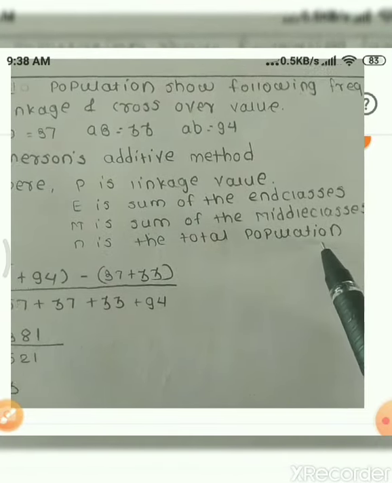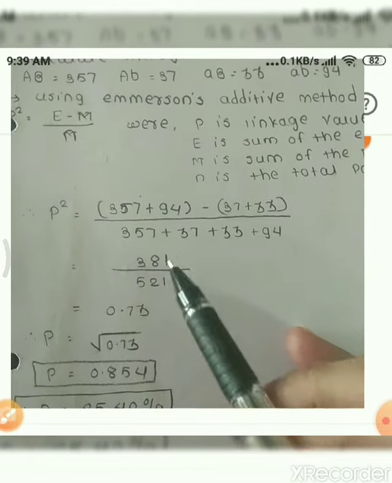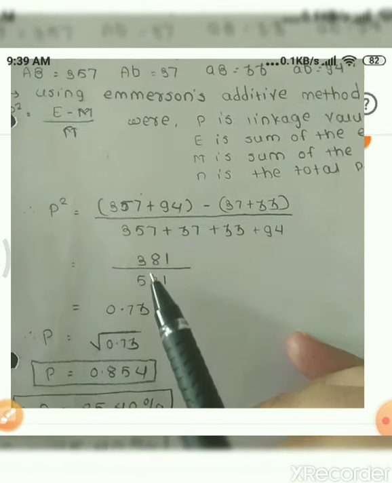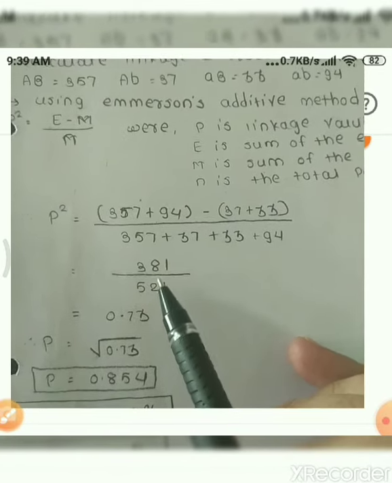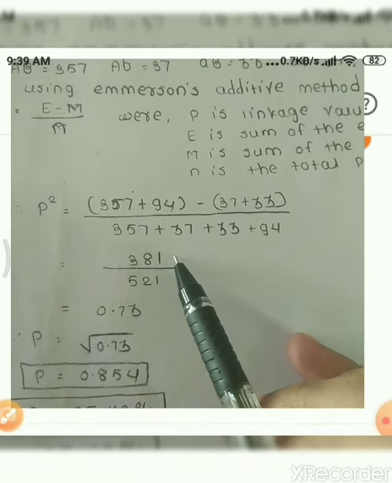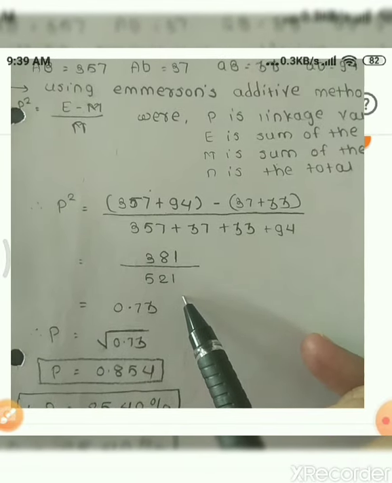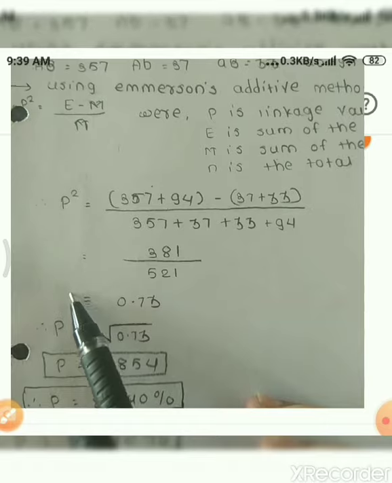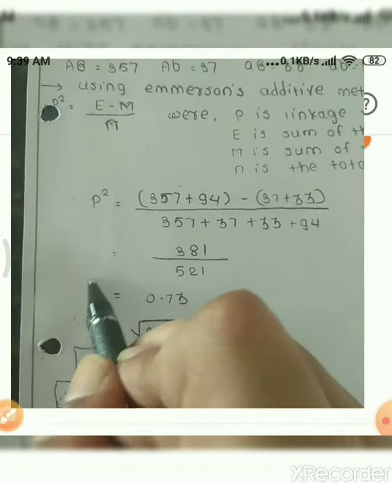It is the sum of all these four values, that means 357, 37, 33 and 94. When we have put all these values into the given formula, the answer is 381 divided by 521. So these are the values for p square.